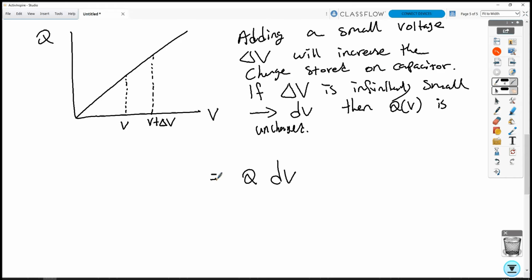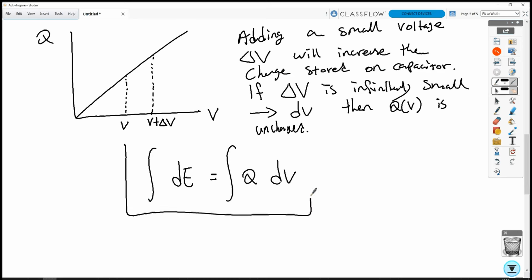Remember, if you have an infinitely small change of something, we call it dE rather than delta E. So our infinitely small change of energy is equal to Q times the infinitely small change in potential difference. We're going to evaluate that across the entire line. So the integral of dE is equal to the integral of Q dV.